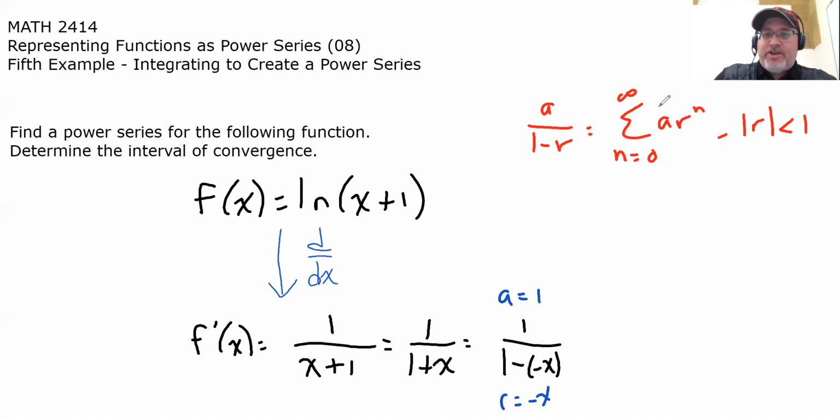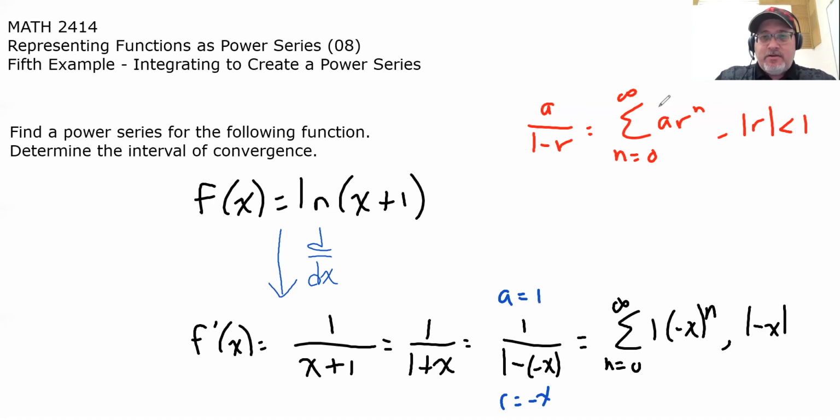So the series that we get is the sum of n equals 0 to infinity of the first term times the ratio to the nth power under the condition that the absolute value of the ratio is less than 1. So 1 times negative x to the nth. Well, that means that x is between negative 1 and 1 in this case, so let's not dilly-dally there.